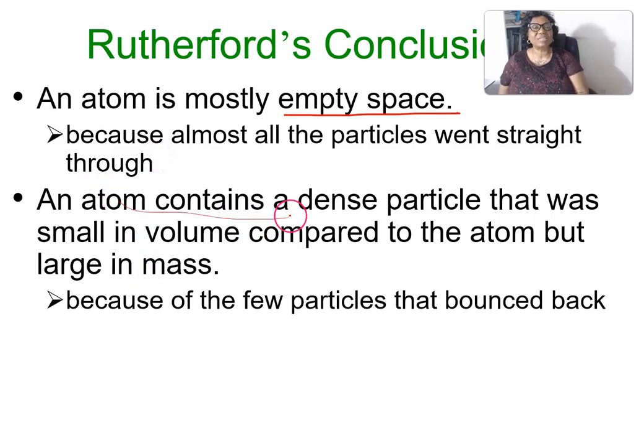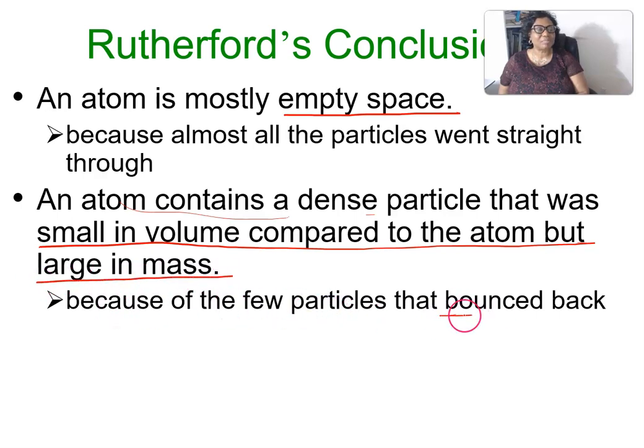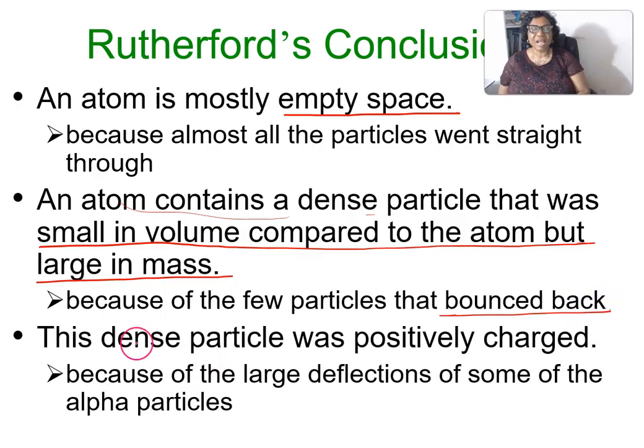An atom contains a dense particle that is small in volume compared to the atom, but large in mass, because of the few particles that bounced back. And this dense particle was positively charged. Why? Because of the deflection of some of the alpha particles, which are positive.